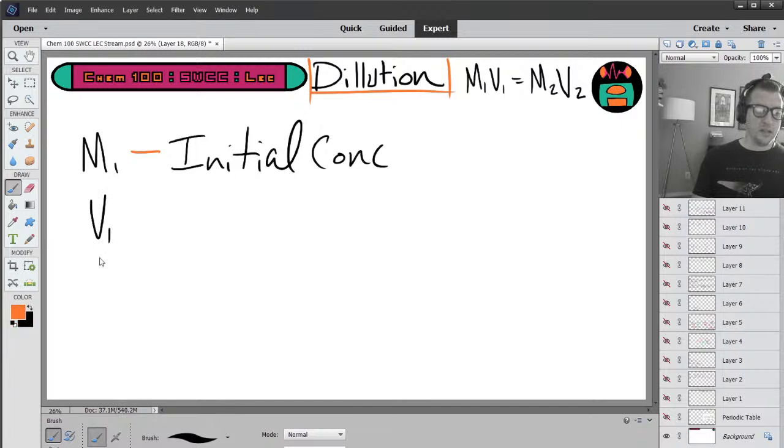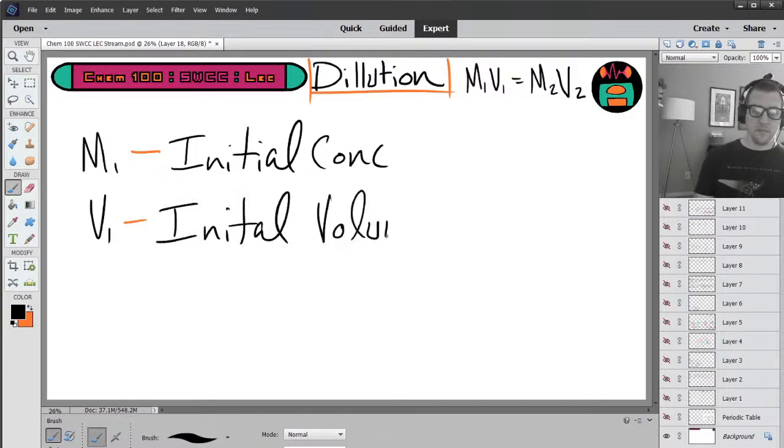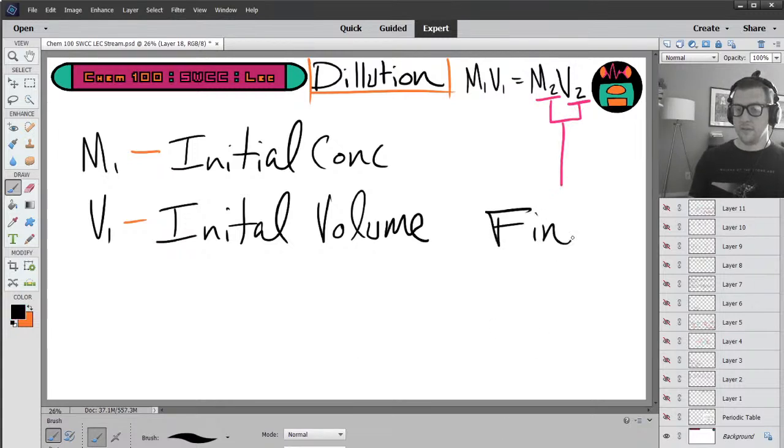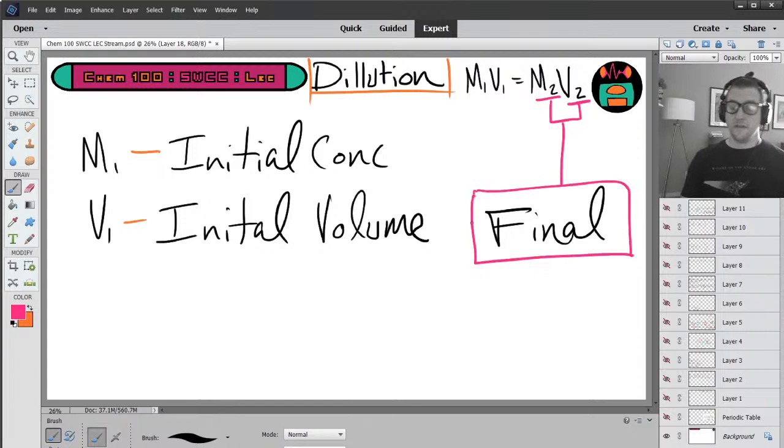V1 is initial volume. And as you can imagine, M2 is also a concentration, V2 is also a volume, but both of these are final. So final concentration, final volume.